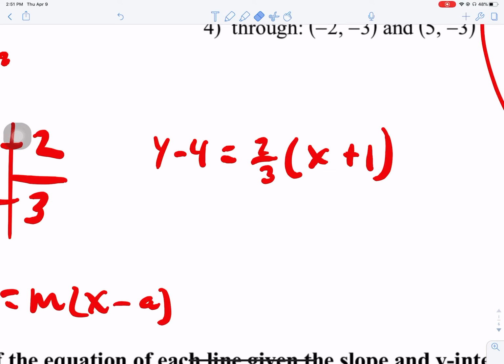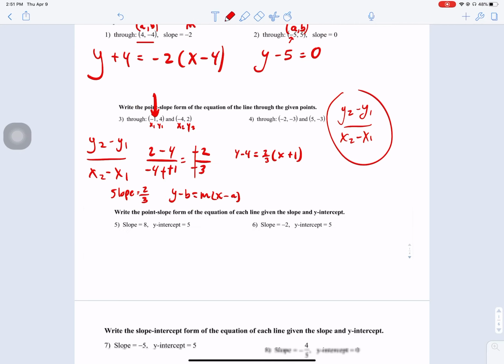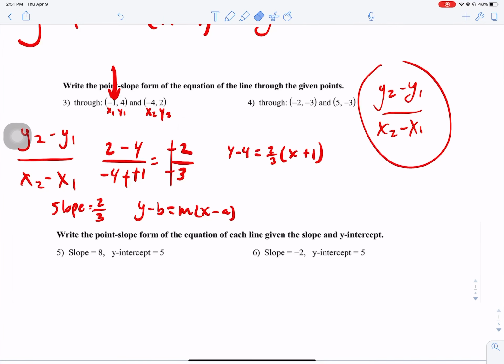It's a plus 1 at the end because the x coordinate is minus 1. And it's a minus 4 here because this one was just a 4 like this. That's the coordinate we use. So there's your answer for that one.